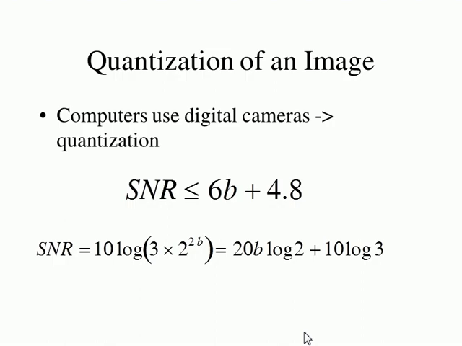And the quantization of the image, remember we said there was a finite number of numbers which can be used to represent the signal, even though the signal may have an infinite number of different numbers initially. When you digitize it, you quantize it. So we have a finite signal-to-noise ratio that we have to deal with. And usually we get about 6 dB per bit. And then you add a 4.8 factor in there.